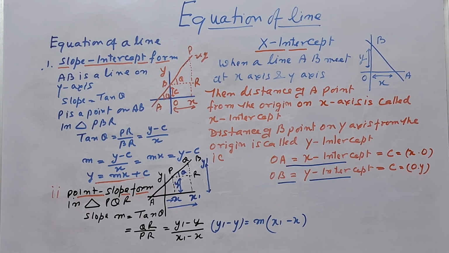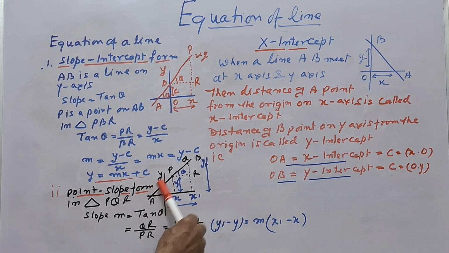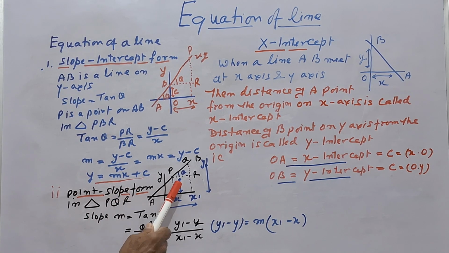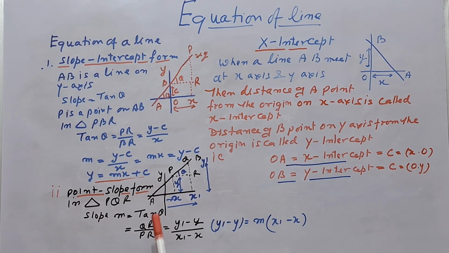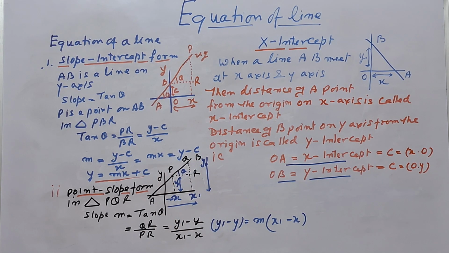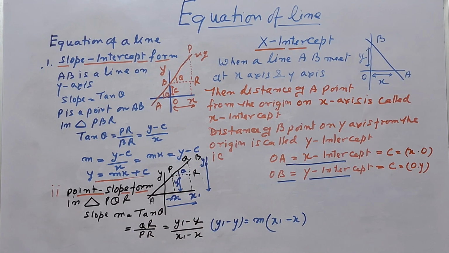Now suppose a point is given to you on the straight line. Here AB is a straight line which passes through the point P. Listen, point slope. Point P is given to you. AB is a line which passes through the point P. Now we have to form the equation using the point P. Now take another point Q on the AB line.